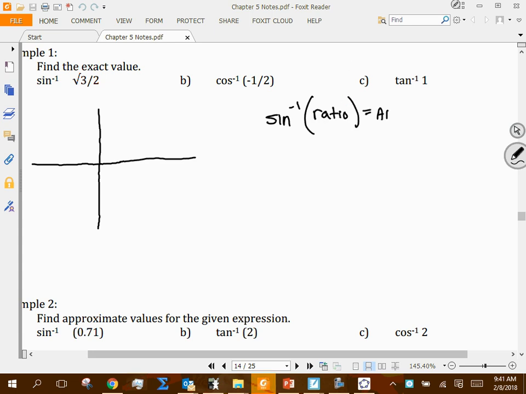You're getting back an angle. The sine is going to tell you the parts that make up the ratio: your opposite side divided by your hypotenuse. So my opposite side is root 3. My hypotenuse is 2, correct?